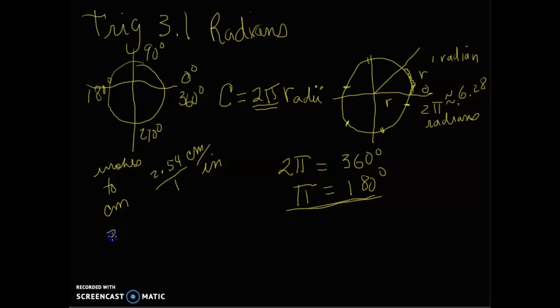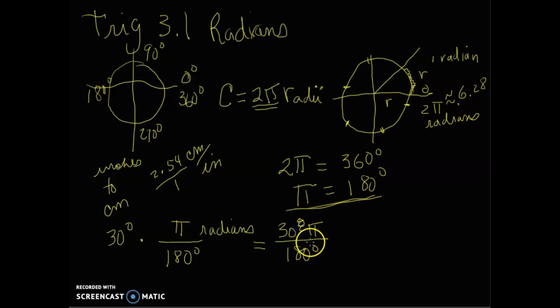So what is 30 degrees in radians? Well, we want to get rid of the degrees and introduce the radians. So you put the degrees in the denominator because you want to cancel the degrees, and in the numerator, put the radians. So this becomes 30 degrees times pi over 180 degrees.